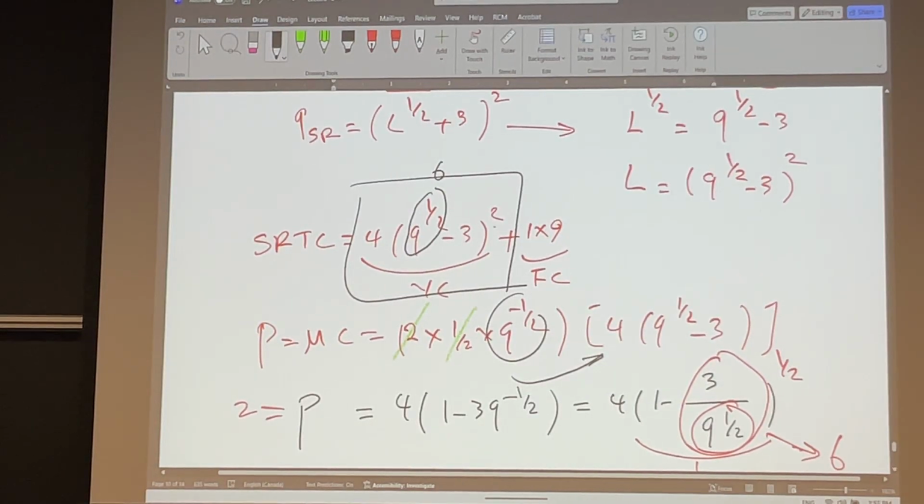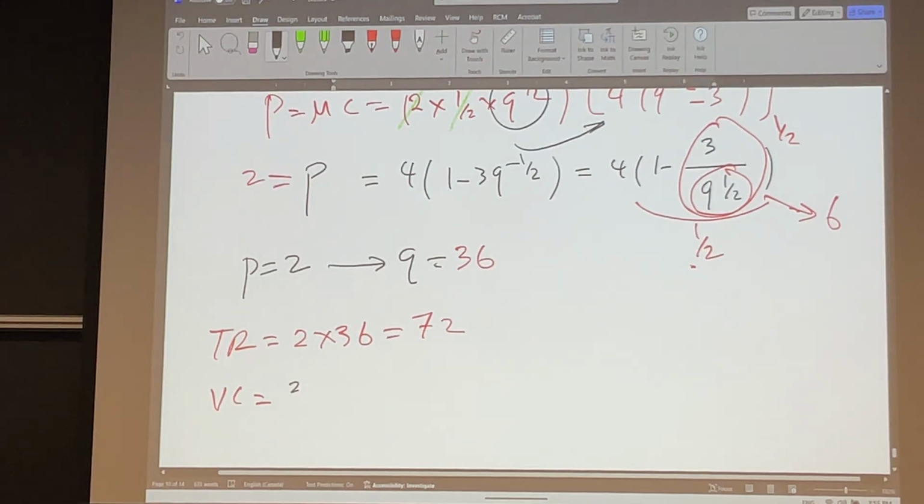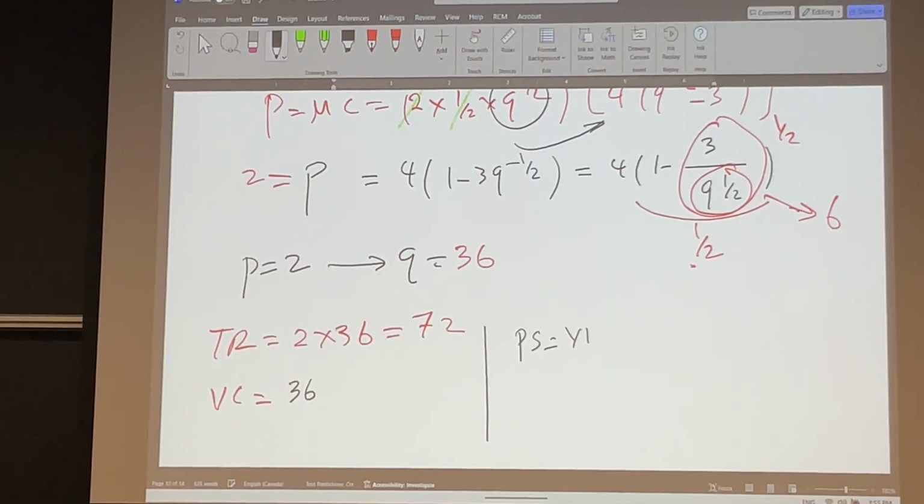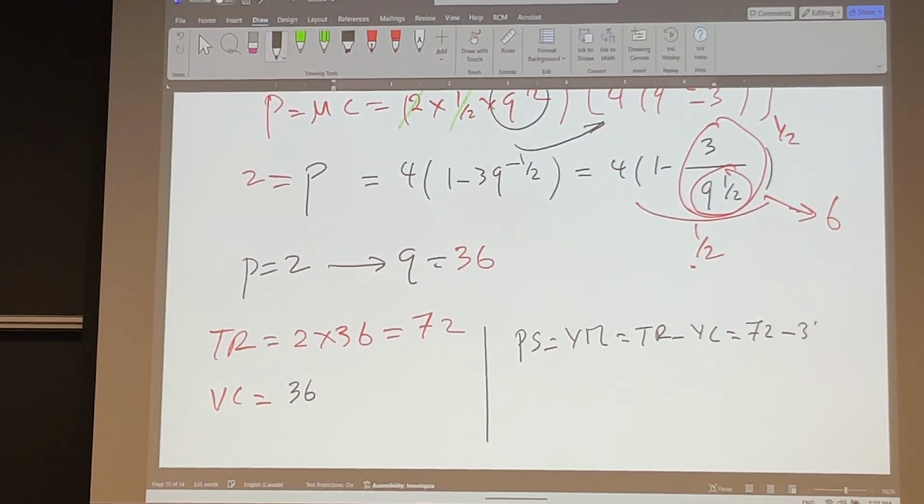That will be 3, 9, 36. So the producer surplus, which is variable profit, which is total revenue minus variable cost, should be 72 minus 36. I've got the surplus without integration through totals.